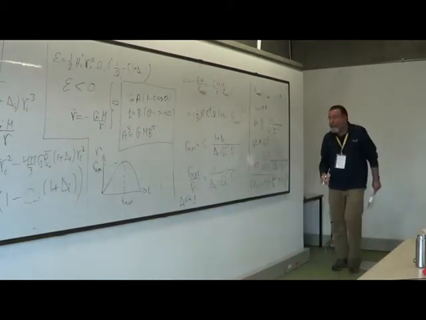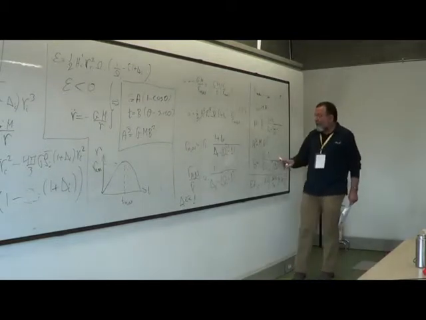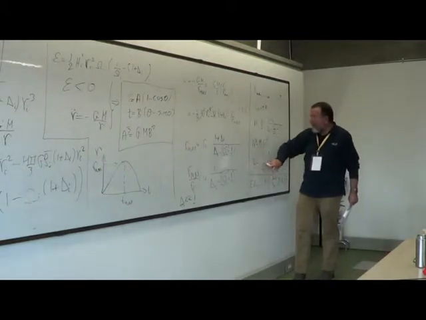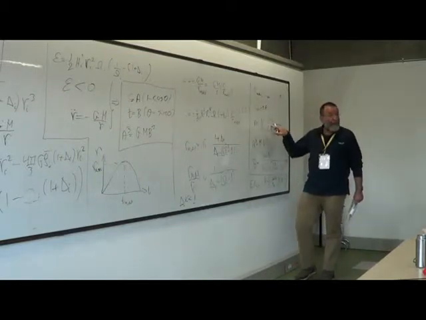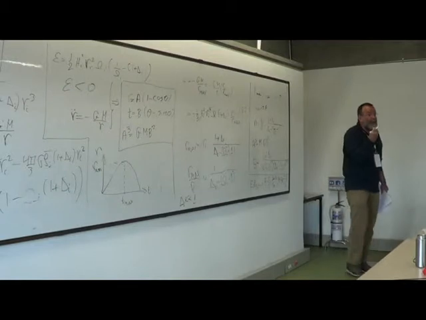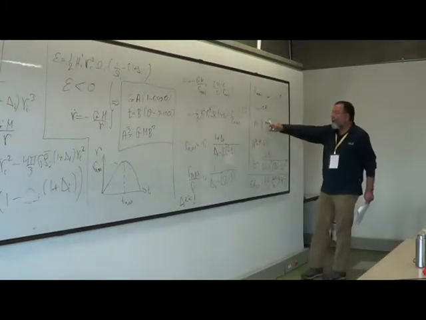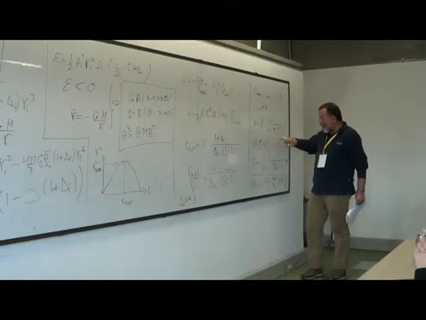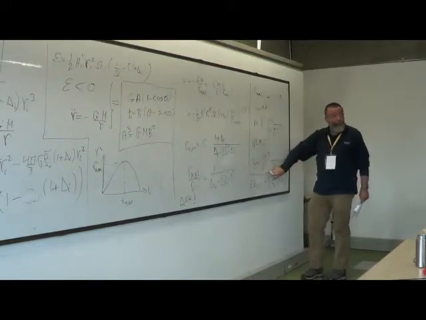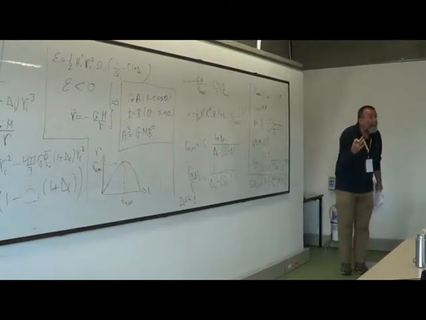What I did in the last 10 minutes or so was take the A and the B and express them in terms of the parameters that define the perturbation at some initial time. I know the initial radius, the initial density, the omega at that time, that's the cosmology, and the Hubble constant at that time. I know everything here, and I have a solution.